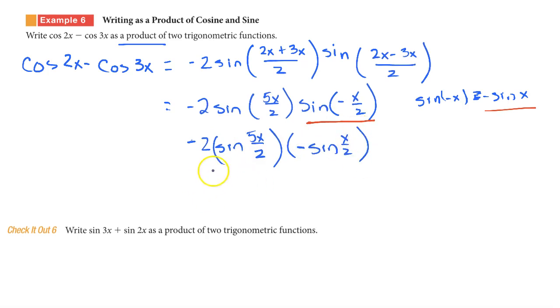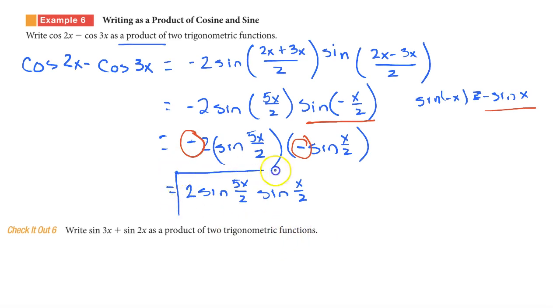Think about what happens when we have two negatives. We have a negative here and a negative here, and they multiply to equal a positive, so they disappear. So 2 sine of 5x over 2 sine of x over 2. Now we have it in terms of products. There's no plus or minus in this anymore, and this is our final answer.